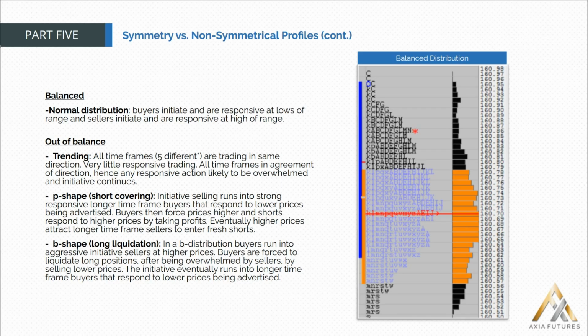Those responsive sellers keep selling, and eventually the buyers are forced to liquidate their longs by selling out of their position. This takes prices further lower until such a point that other longer time frame buyers respond to relatively cheaper prices. This then stabilizes the market and we see further two-way trade.